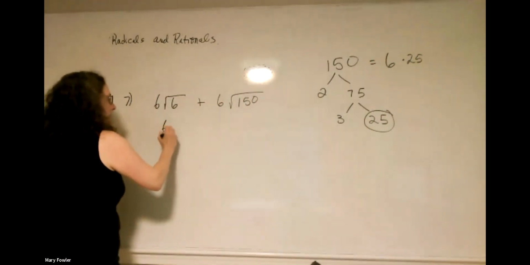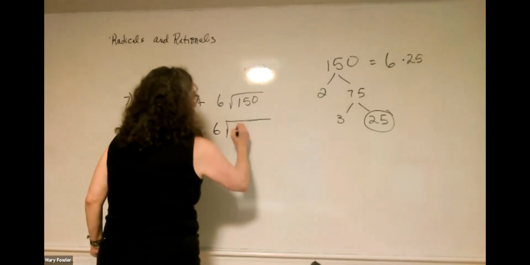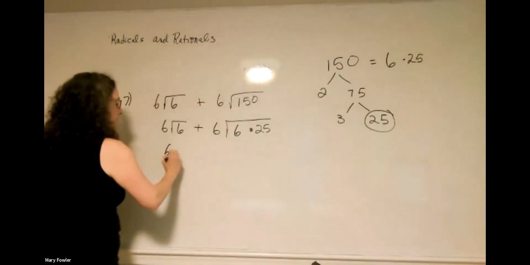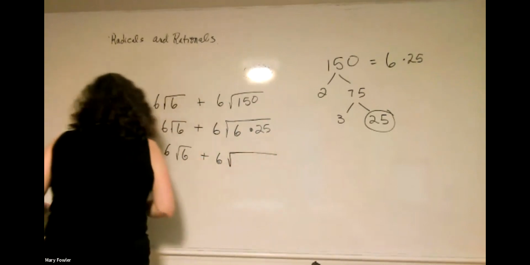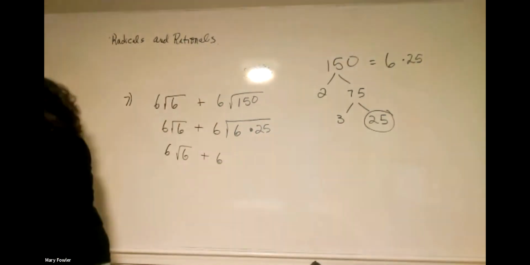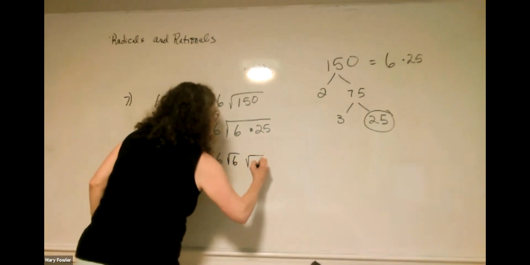All right, so 6 times the square root of 6 plus 6 times the square root of 6 times 25. Then we get the square root of 6 times the square root of 25.